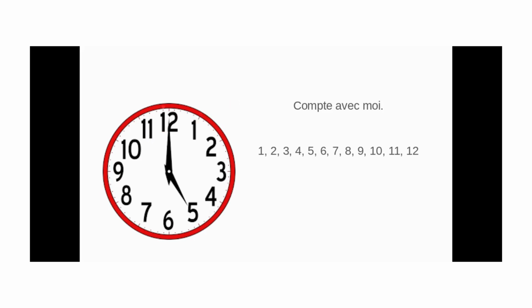We start here because, just like I told you, there are 5 minutes in between each hour number. 5, 10, 15, 20, 25, 30, 35, 40, 45, 50, 55, 60.